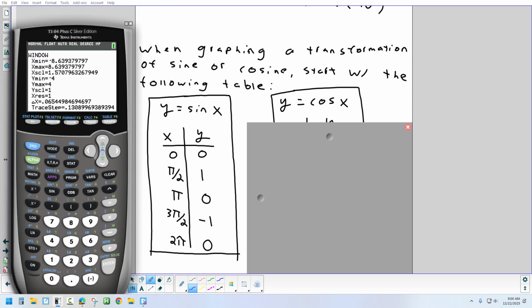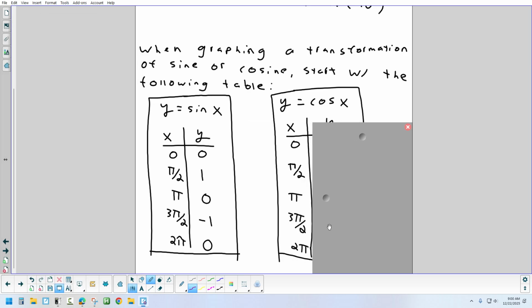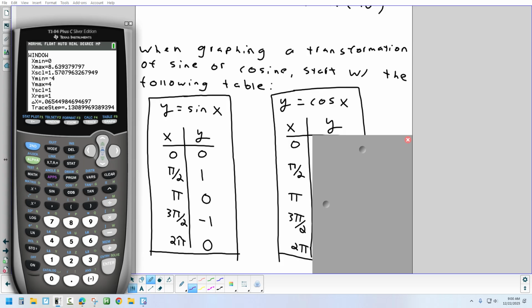Okay, and I'm going to put cosine up. I'm going to use the same x values because we want to keep everything equally spaced: 0, 90, 180, 270, 360. But I want to write down my y values. Remember, it's shifted. So the y values for sine and cosine aren't exactly the same, but they're similar.